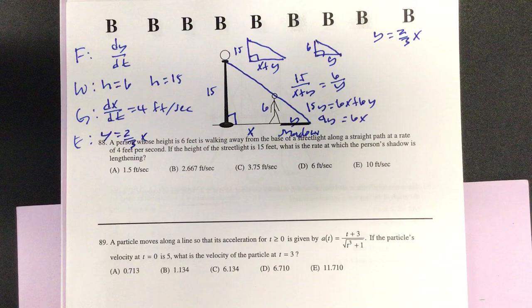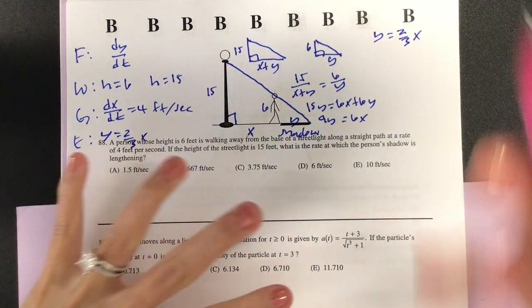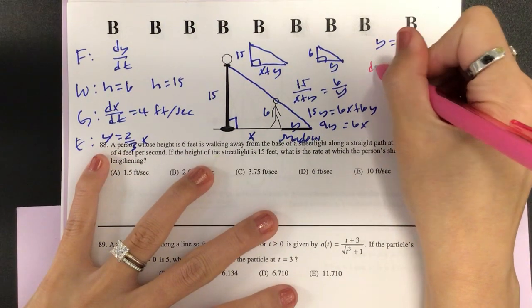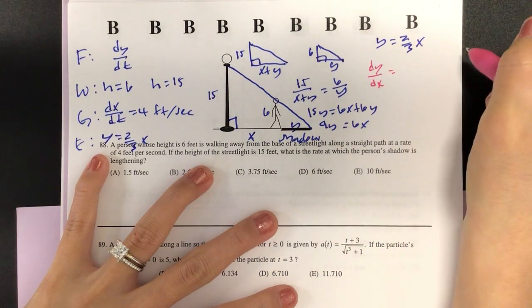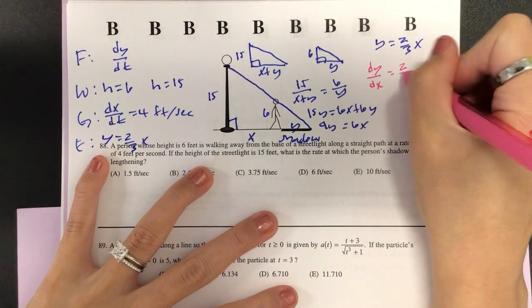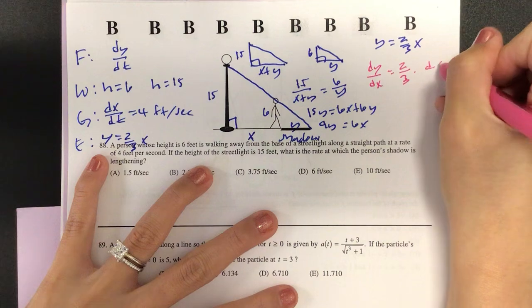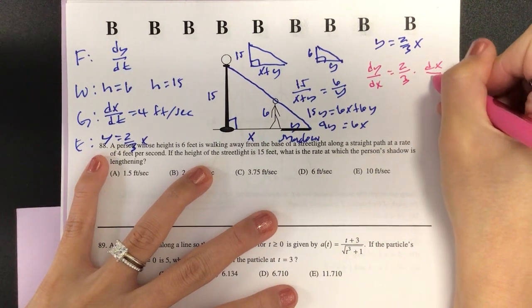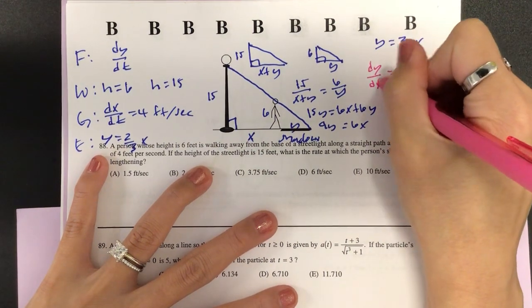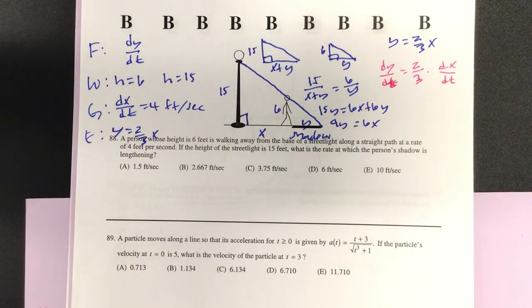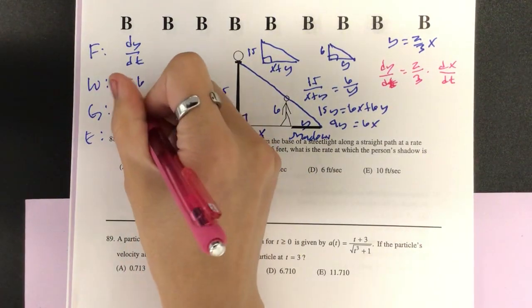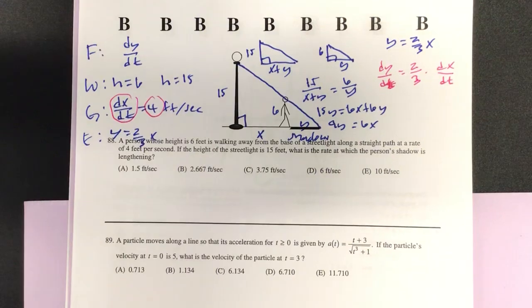So now let's go ahead and derive implicitly. So derivative of y is 1, dy over dt. Derivative of x is that constant, dx over dt, silly me. These are all t's, by the way. It's with respect to time. And let's see what I know. Didn't I give you dx over dt?